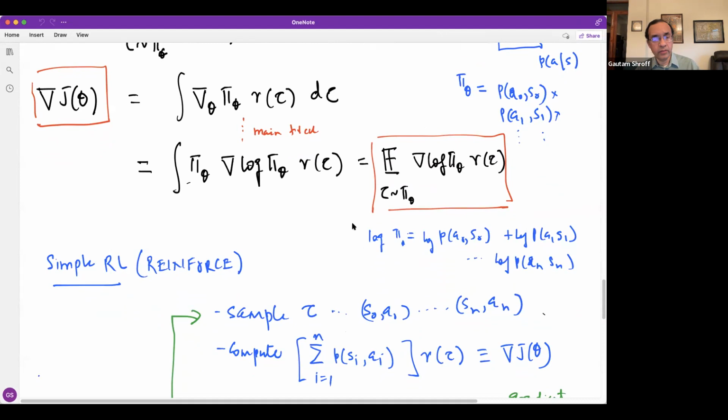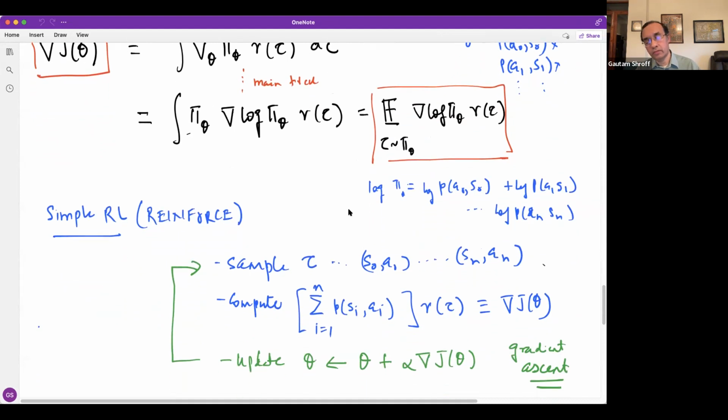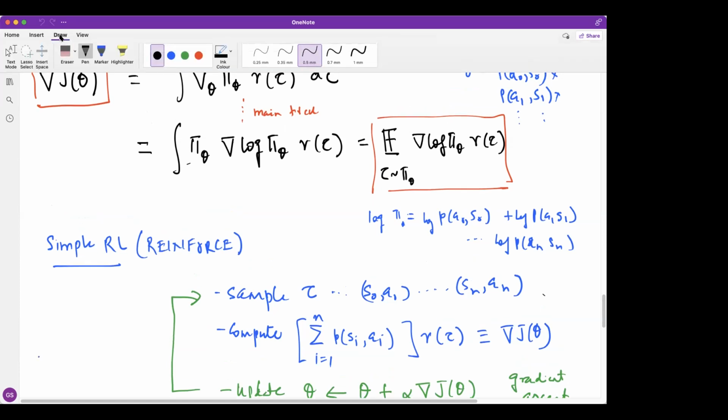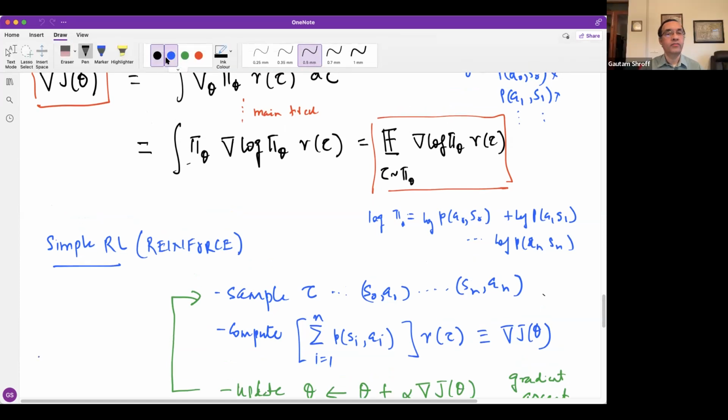Where is the error in what I've done? Please point it out. I told you there's an error in Slack. Can anyone point out the error? In the second step, it should be summation of log of probability. Absolutely. Thank you very much for being attentive.